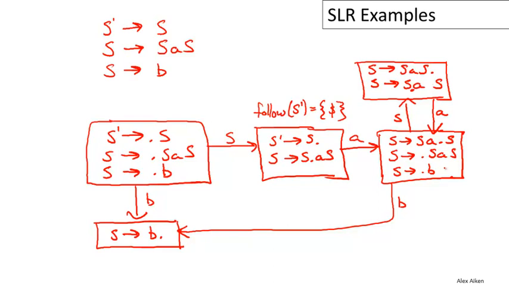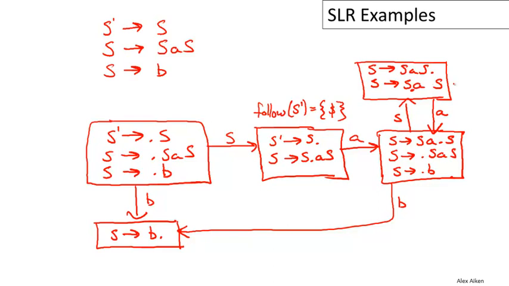All right, now we're down to looking at these two states. And let's just consider this bottom state first. So what does this state say to do? Well, first of all, observe that the only transitions out of this state are on B and S, and there are no reduce moves in this state at all, so there's no possibility of a shift-reduce conflict in this state either.